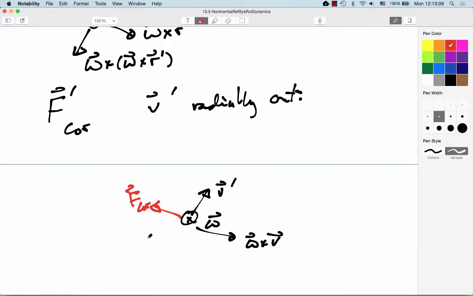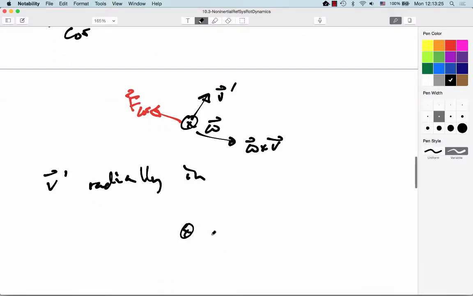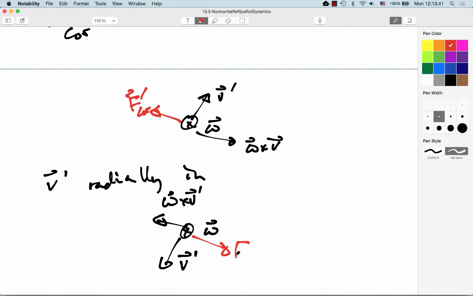And if v is radially in, we'll have our omega like so. There's my V. So that's omega cross V. So the Coriolis force now would again point to the left of the way you're going.